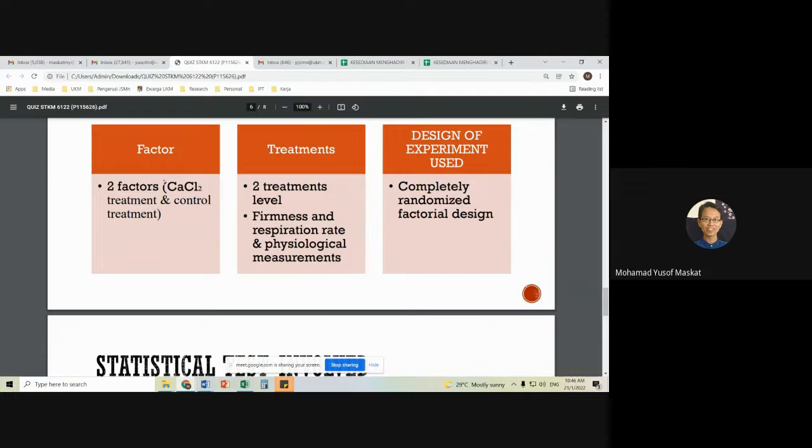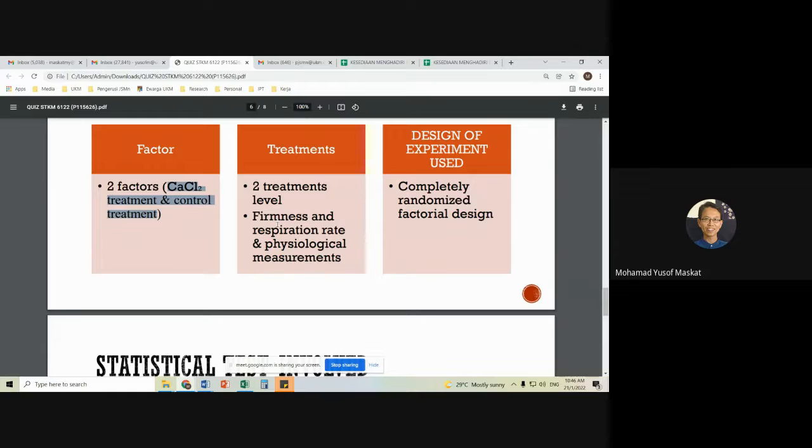But what is the factor? What is changing? The rest has to be constant, but what is changing? These are changing. So what are these? These are treatments. You can just give a general name.